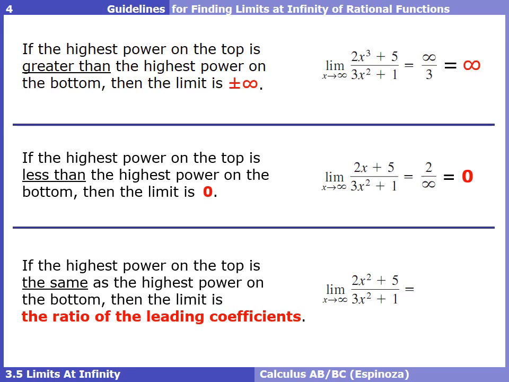That is, the answer was just the number in front of the highest power in the top divided by the number in front of the highest power in the bottom. So again, this slide is just kind of an overview of the 3 different types of problems you'll see when you're taking the limit of these fractions or these rational functions. But again, you'll still need to show all your 3 steps of doing these limit problems.